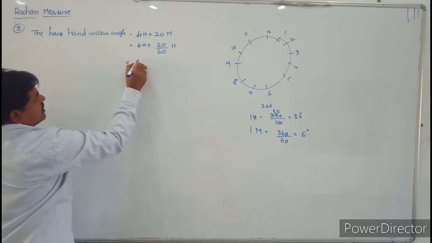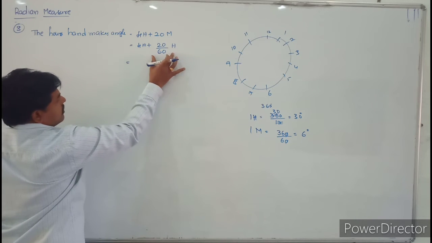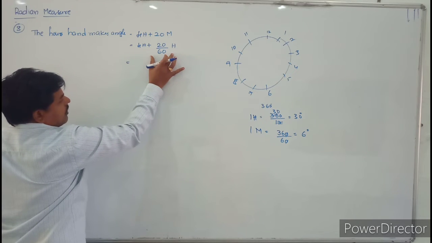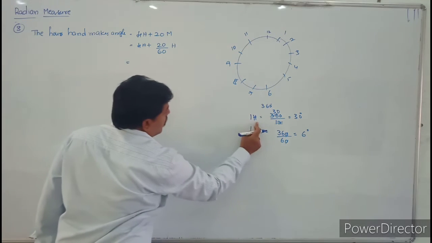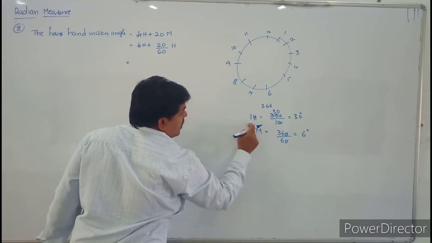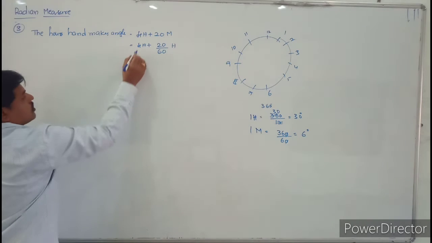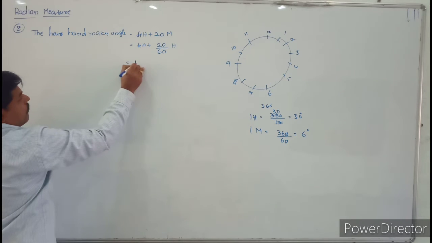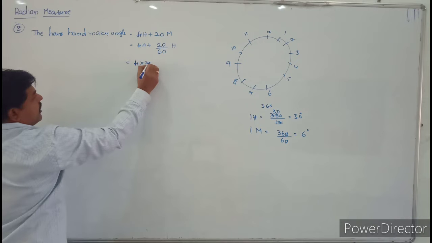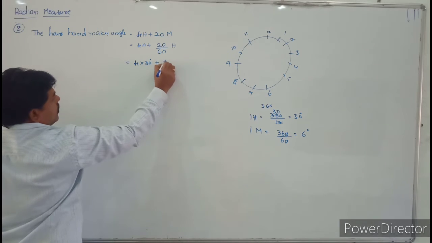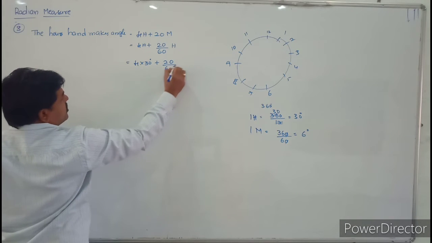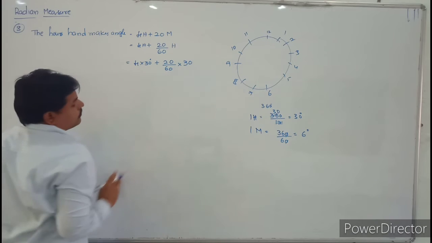If you want to convert these hours into degrees, 1 hour is equal to 30 degrees. So what it will become, students, here 4 into 30 degrees plus 20 by 60 into 30.